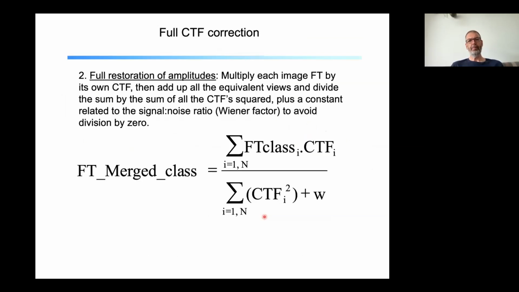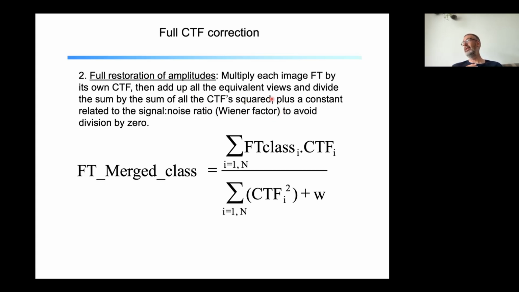But that doesn't compensate for the envelope effect that we see with the loss of amplitude at the higher spatial frequencies. So one way of correcting for that is, instead of multiplying by this box function, you multiply each image by the Fourier transform of itself, and then you add.